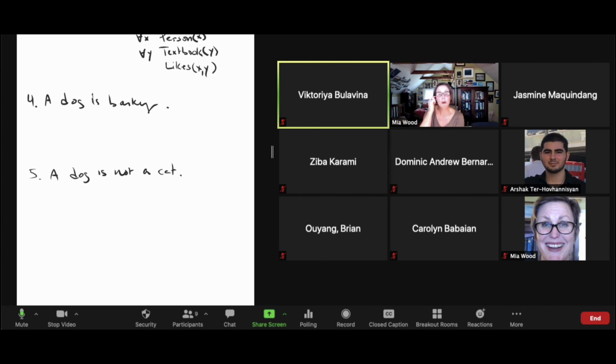Okay. All right. So one way you could approach the thing is this. You could say, for every X and for every Y, if X is a person and Y is a textbook, then X likes Y. This is one way to translate it in prenex form, where you put your quantifiers out front.